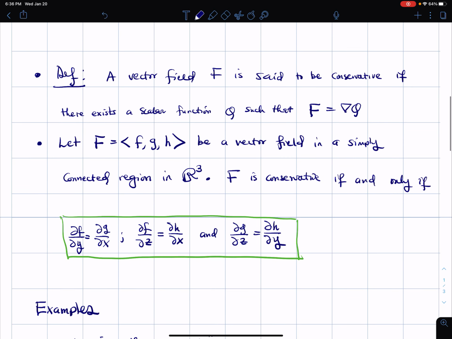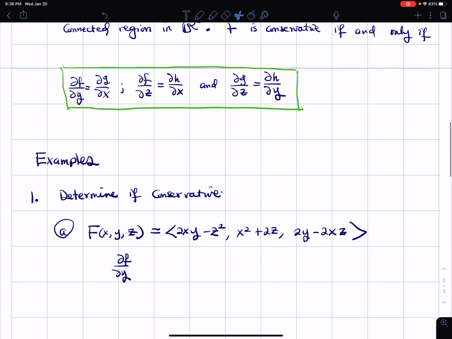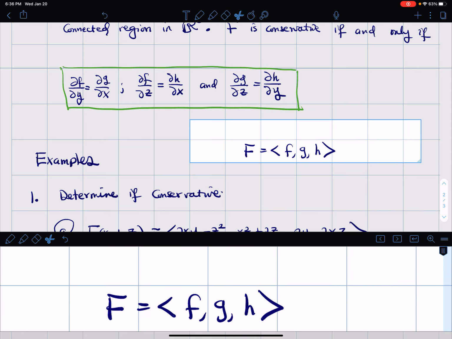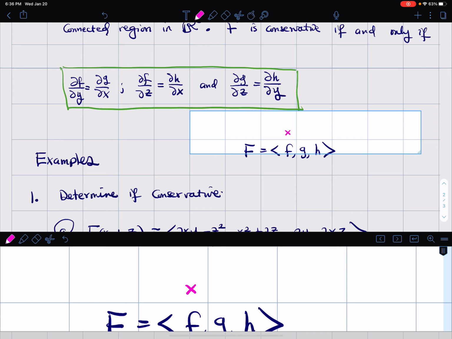So think about it. Why are we doing all these things? Is there a pattern to this? Obviously, this is a theorem, but we don't have the time to prove it. So look at this. F, g, and h are functions of x, y, and z. But at the same time, this is a gradient. So f is the derivative with respect to x, g is the derivative with respect to y, and h is the derivative with respect to z.